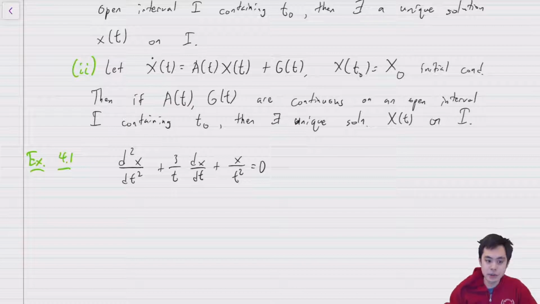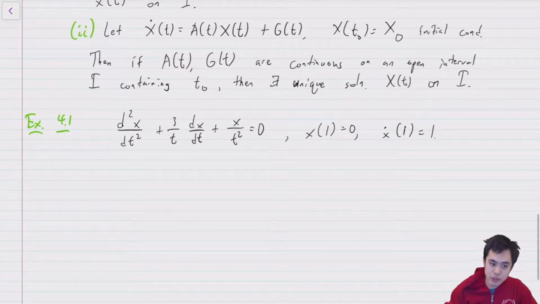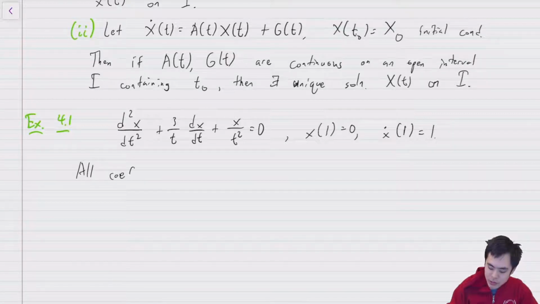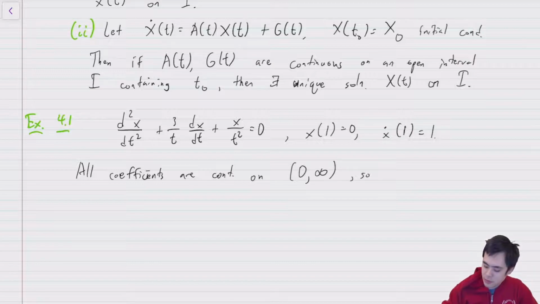We have x(1) equal to 0, and x dot(1) equal to 1 as our initial conditions. So we know that all coefficients are continuous on the positive real axis. So there exist unique solutions.